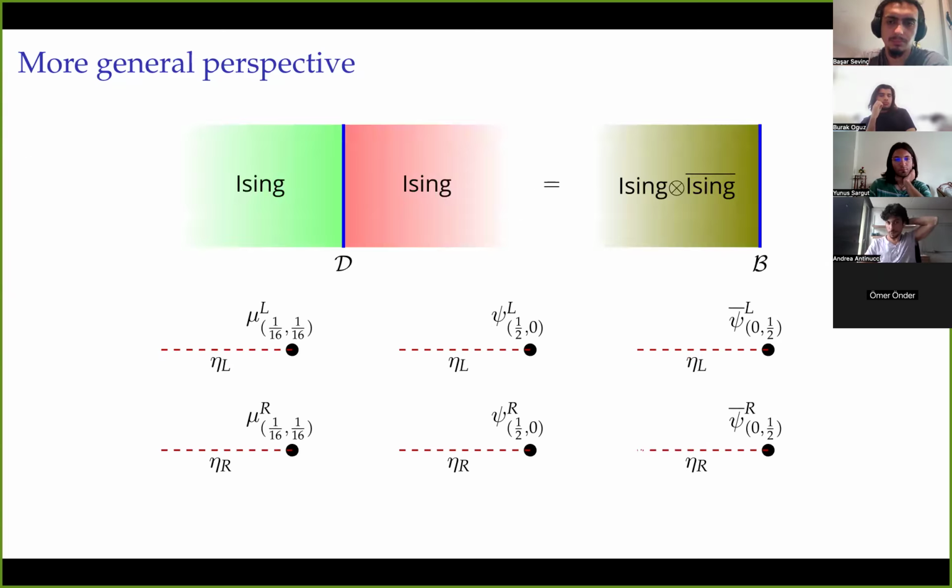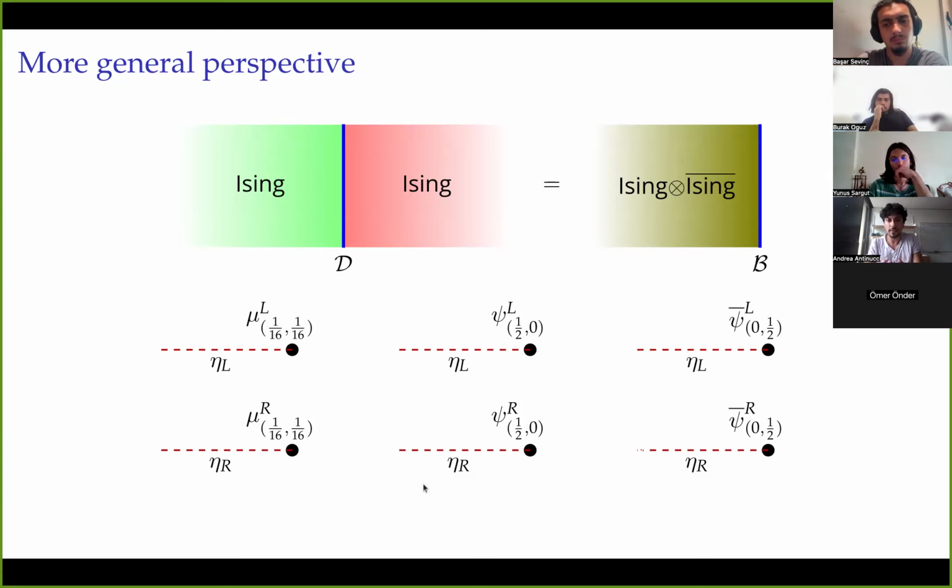Now let's go to the folding. And again, I'm supposed to not know that Ising times Ising is a compact boson, but for sure what I know is that when I fold the theory, I must get at least two Z2 symmetries, one from the left Ising model and one from the right Ising model. So I will have two versions of this eta line that I can call eta left and eta right.